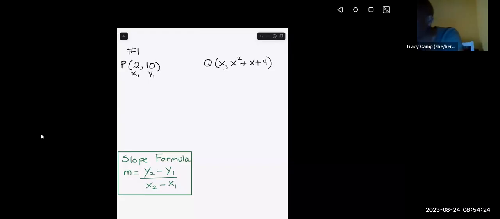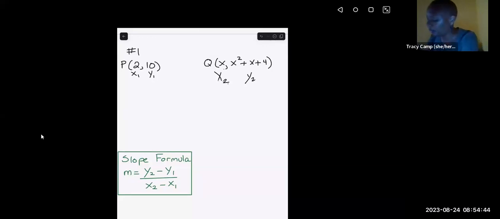So let's see, we're given our 2, 10 as our x1, y1, and then the x2, y2 is the x, and the x squared plus x plus 4. Those are our x2, y2, just in general.